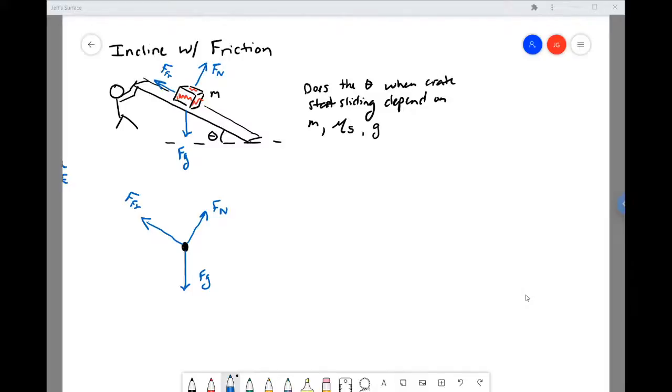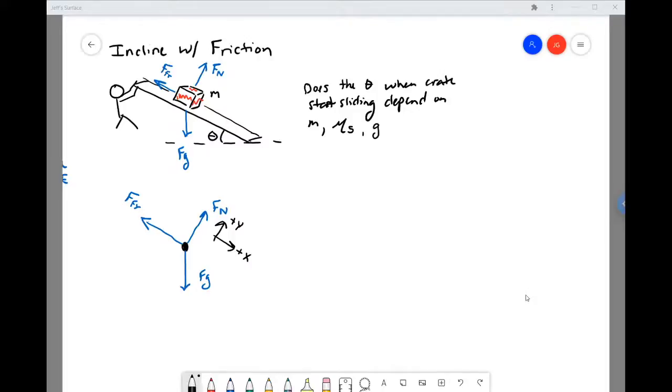Okay, and let's define our coordinate axes like this, just like we did last time. The direction along the normal force is the y direction, and the direction along the incline is the x direction.